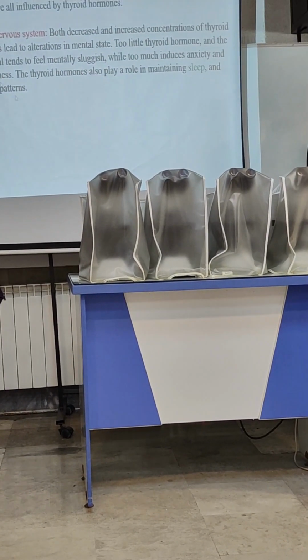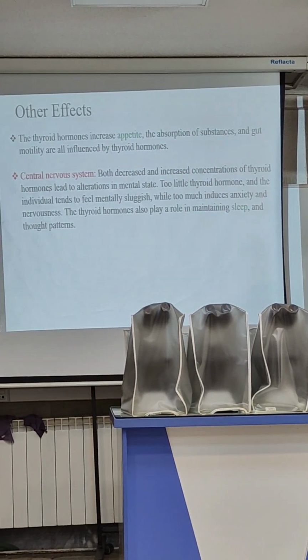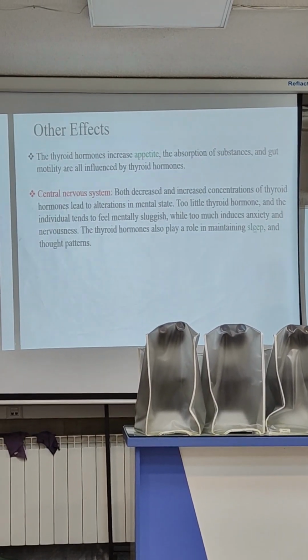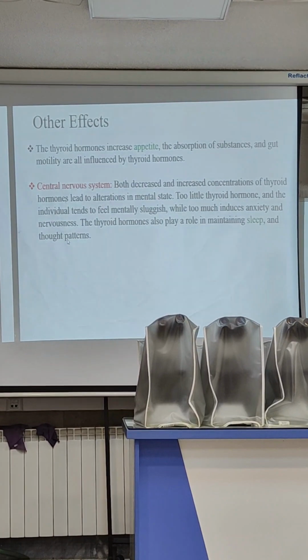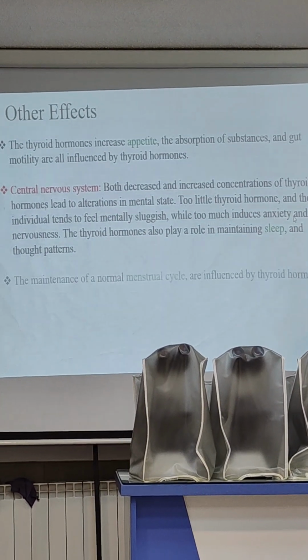And now the central nervous system. They actually have an effect on the mental state. For example, they can control the sleep cycles, and they can affect your mood, anxiety, or nervous health.